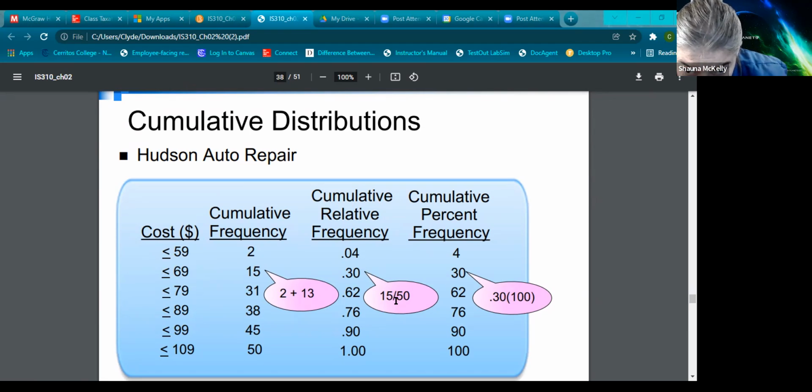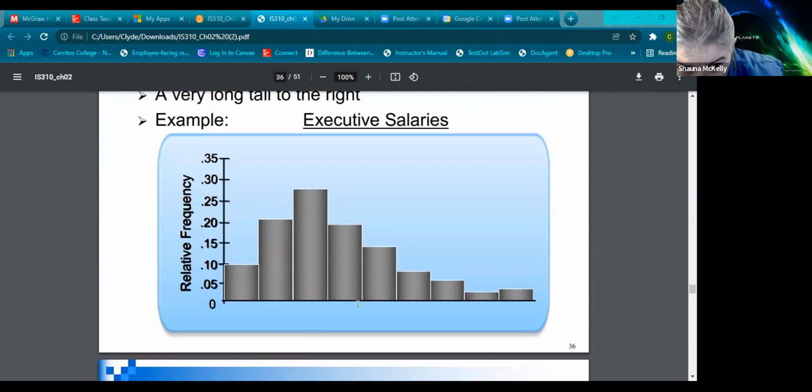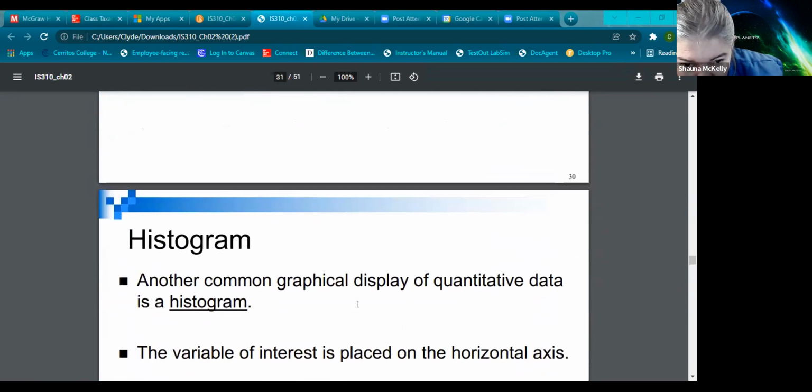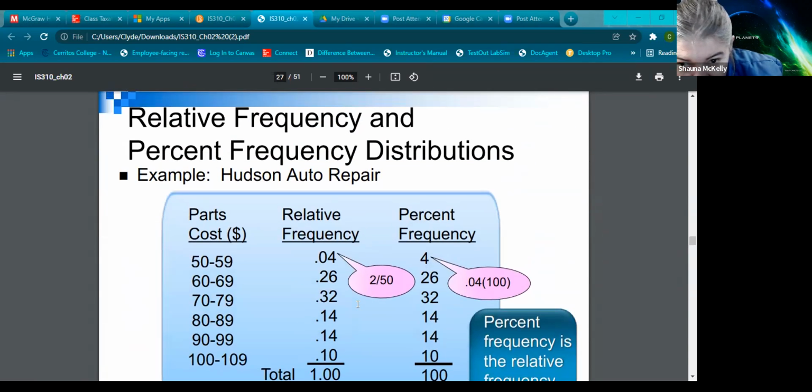It's probably better to go back up to the frequency distribution for Hudson Auto, which is probably like 10 slides ago, something like that. It would probably be easier for you to see it from that data if she did one. Okay, yeah, this will be fine.